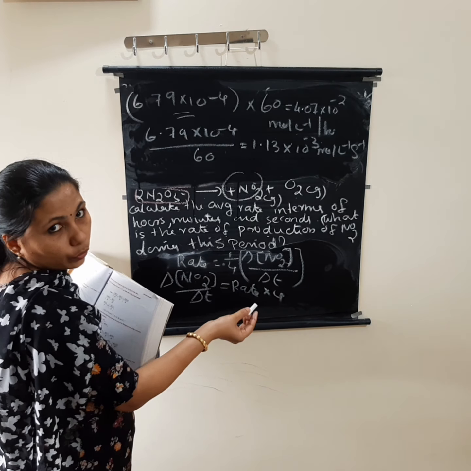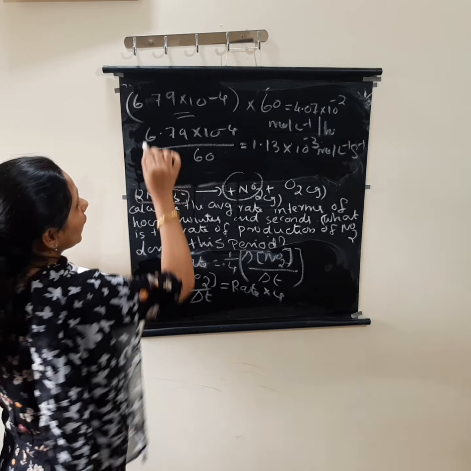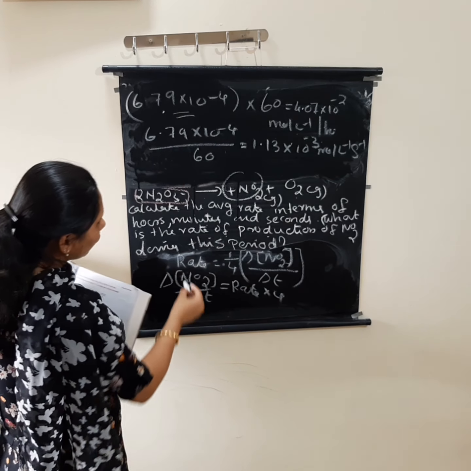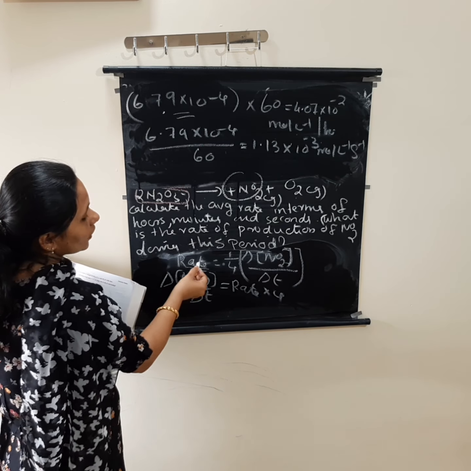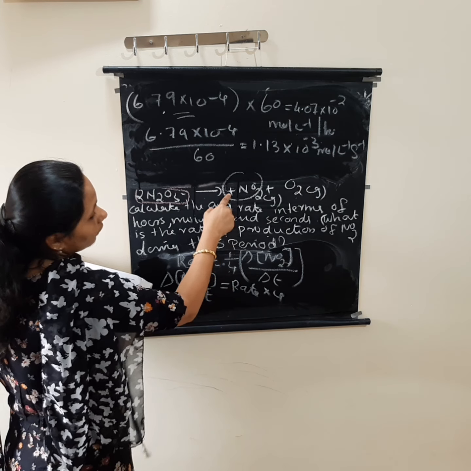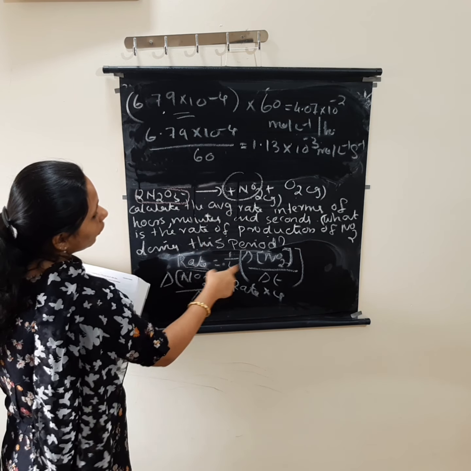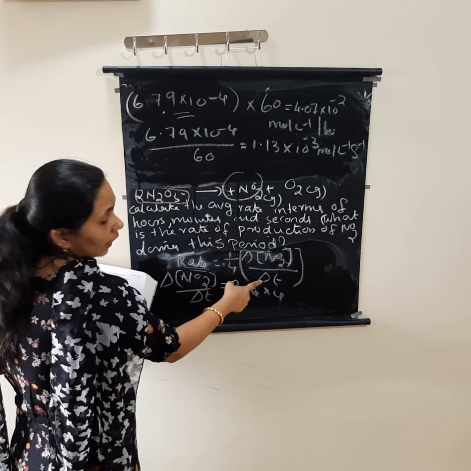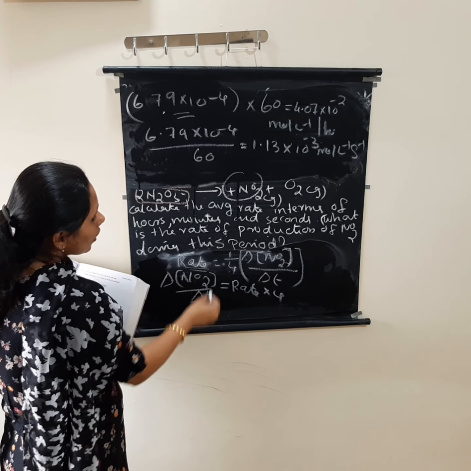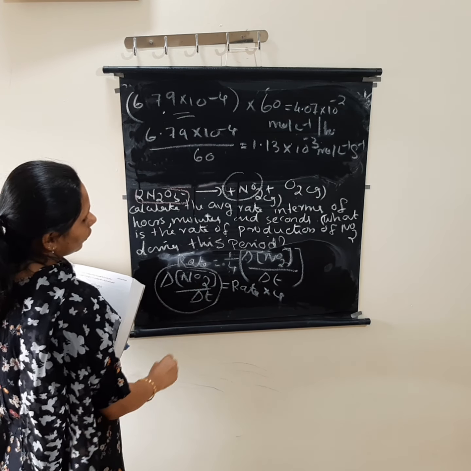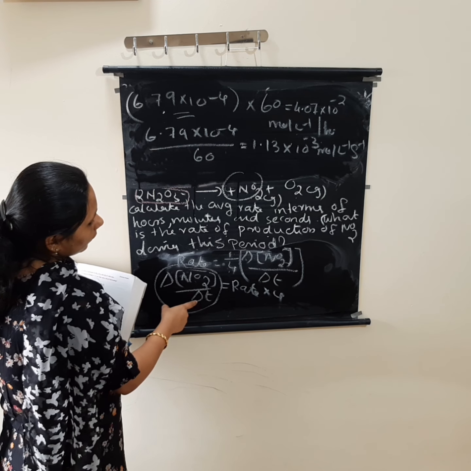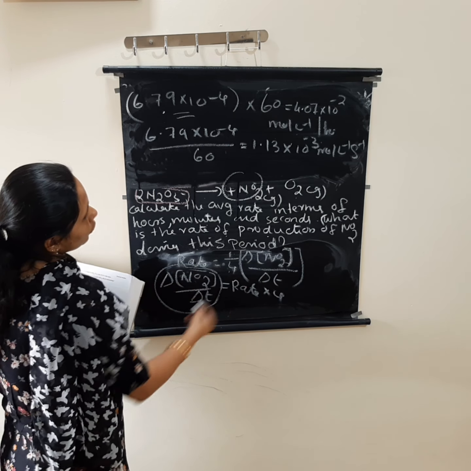What is the amount of NO2 produced during this period? We already calculated the rate, and according to that we have to write the equation. Rate equals 1 by 4. Why 1 by 4? Coefficient. 1 by 4 delta concentration of NO2 divided by delta T. We have to find this value, so delta NO2 divided by delta T equals rate into 4.